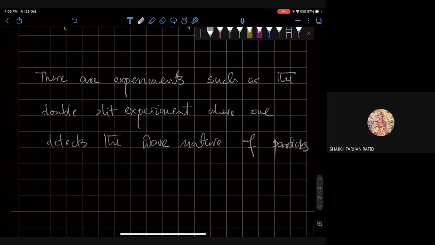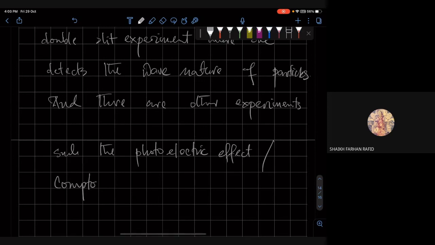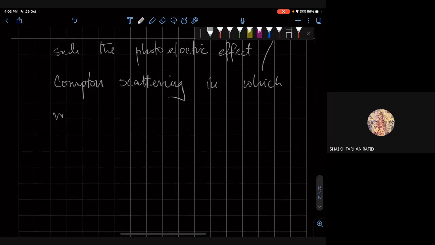And there are other experiments, such as the photoelectric effect and the Compton scattering, in which we detect the particle aspect of reality.